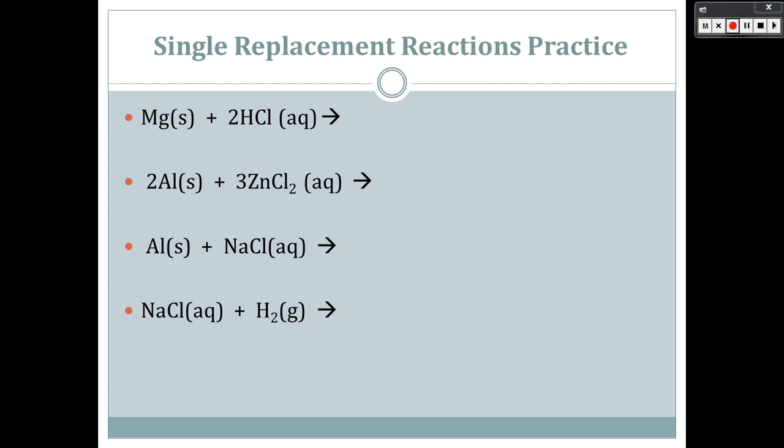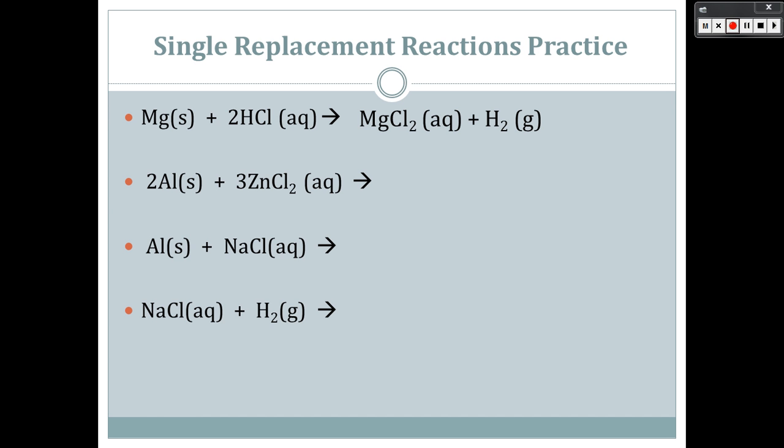So pause the video, take a look at your reactivity series, and figure out which ones will and which ones will not. And if they will, what will they form? Make the balanced equation. Go ahead, pause the video, take some time, figure that out, and then you can start the video and check your answers.